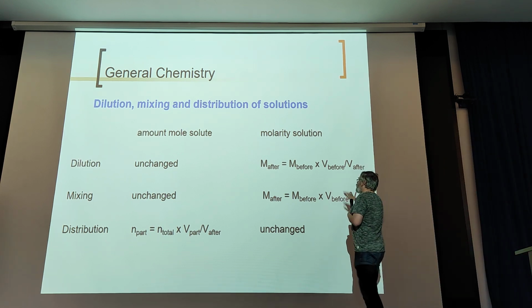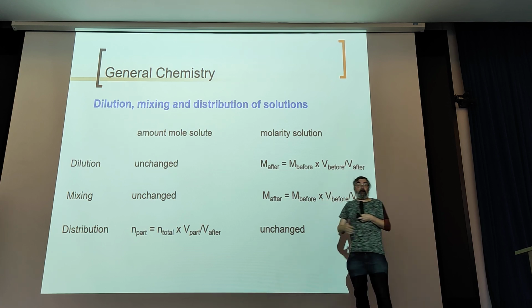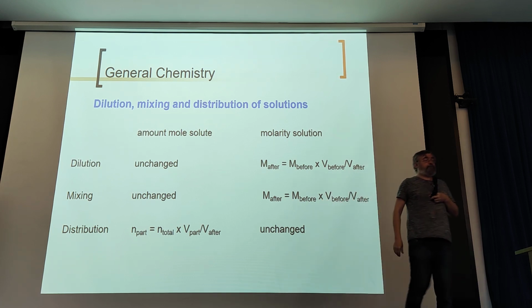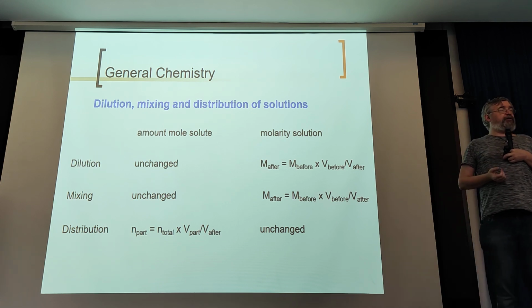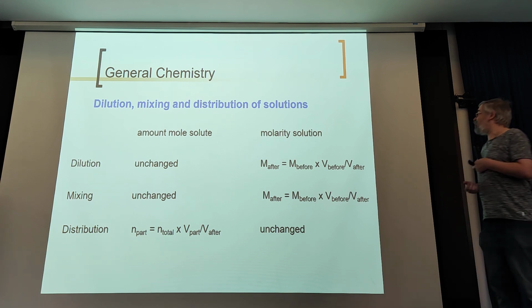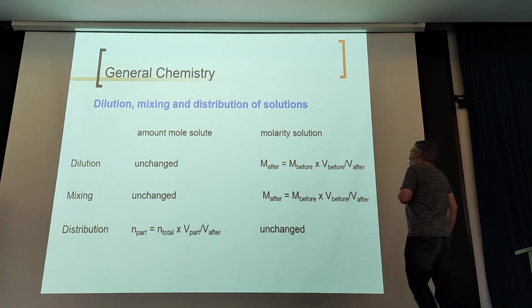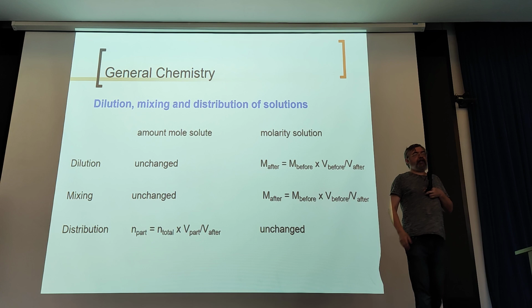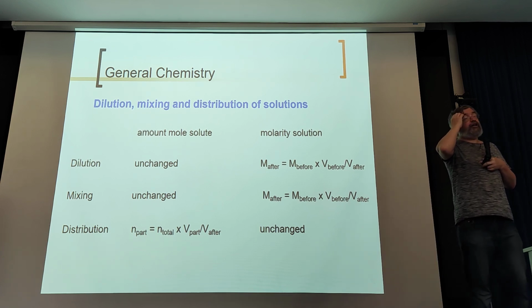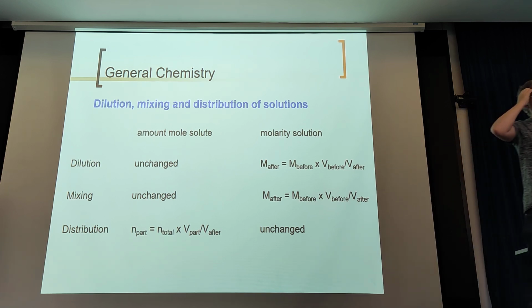Now, the second column is what about the concentration, because this may be important in some calculations. If you dilute, the molarity is going down. It's going down by a factor that is the volume before divided by the volume after.